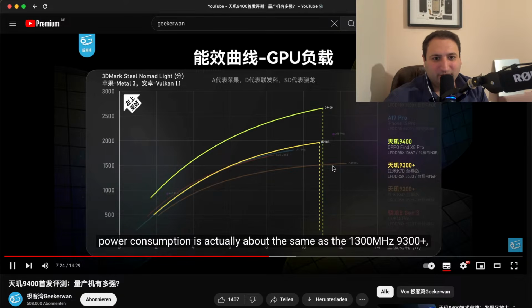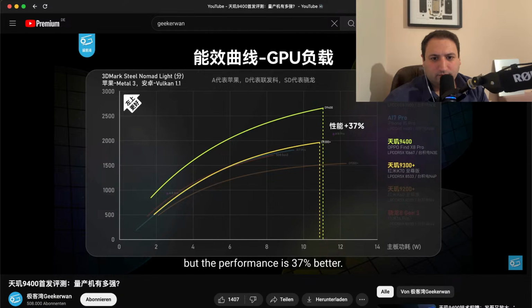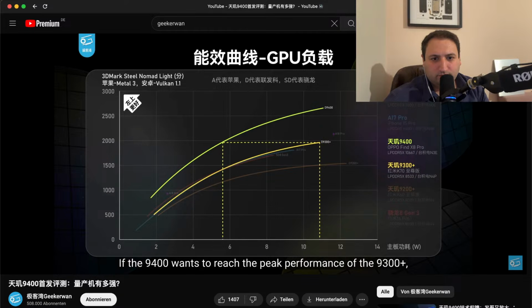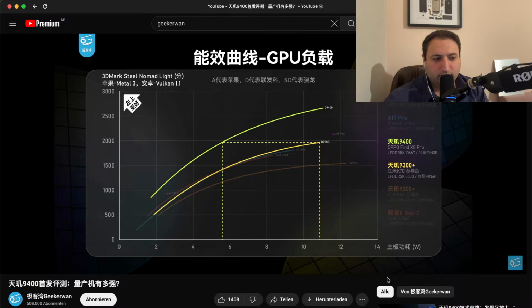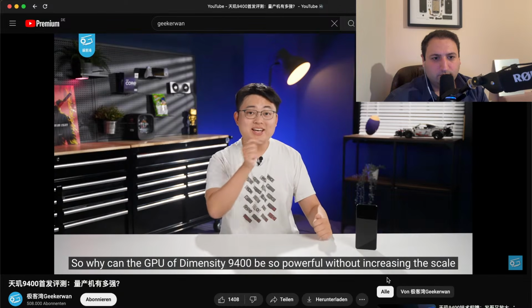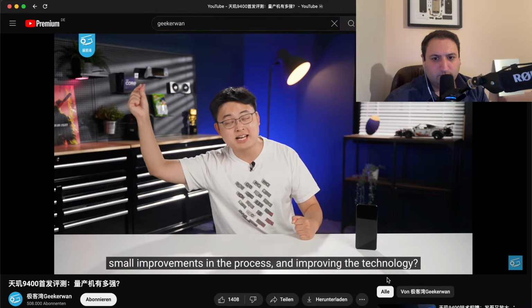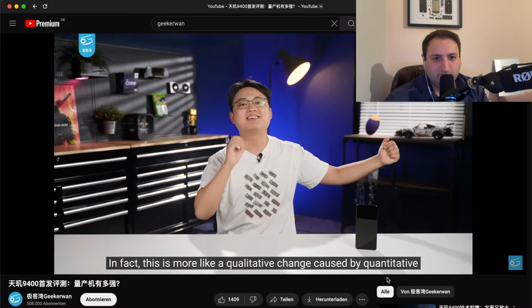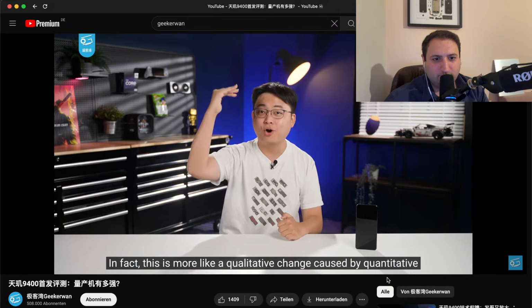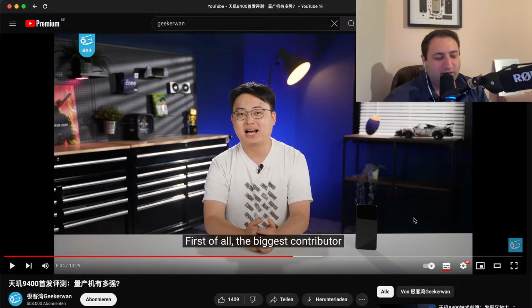高频时功耗其实和1300兆的9300 Plus 差不多但是性能却强出了37%。9400如果是跑到9300 Plus 的峰值性能，只需要不到6瓦的功耗这几乎是腰斩了！我勒个去，这 GPU 真的是太惊艳了！应该说这是天玑历史上 GPU 能效提升最大的一代那么为什么天玑9400的 GPU 可以在规模不增加、架构小改进、工艺小提升的情况下强出这么多呢？其实这更像是许多方面的改进叠加起来之后，这个量变引起了质变。 首先最大的工程、 that was a very interesting translation.